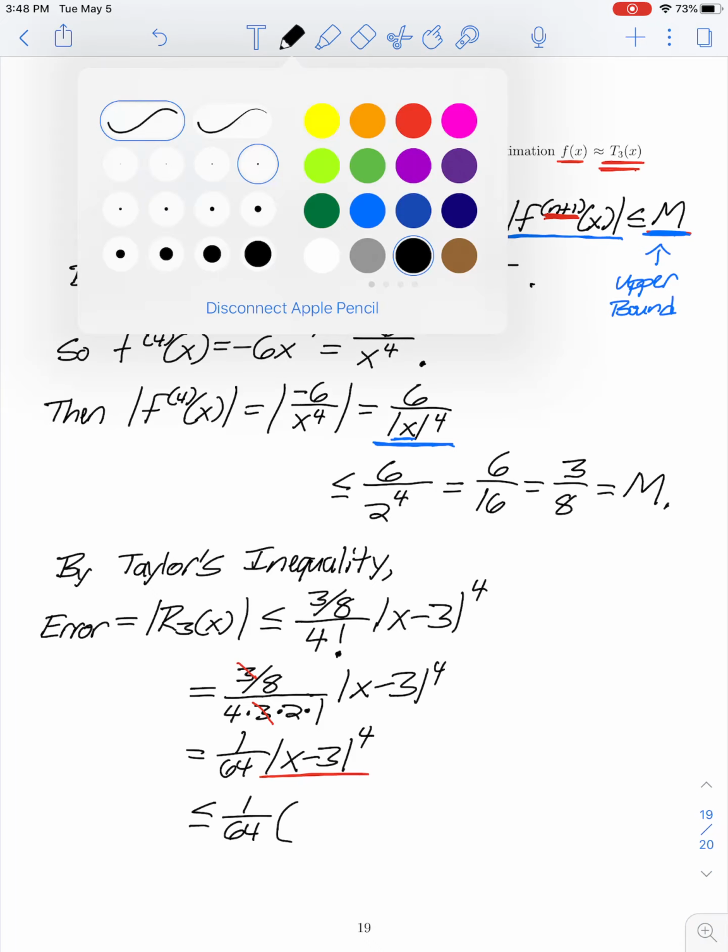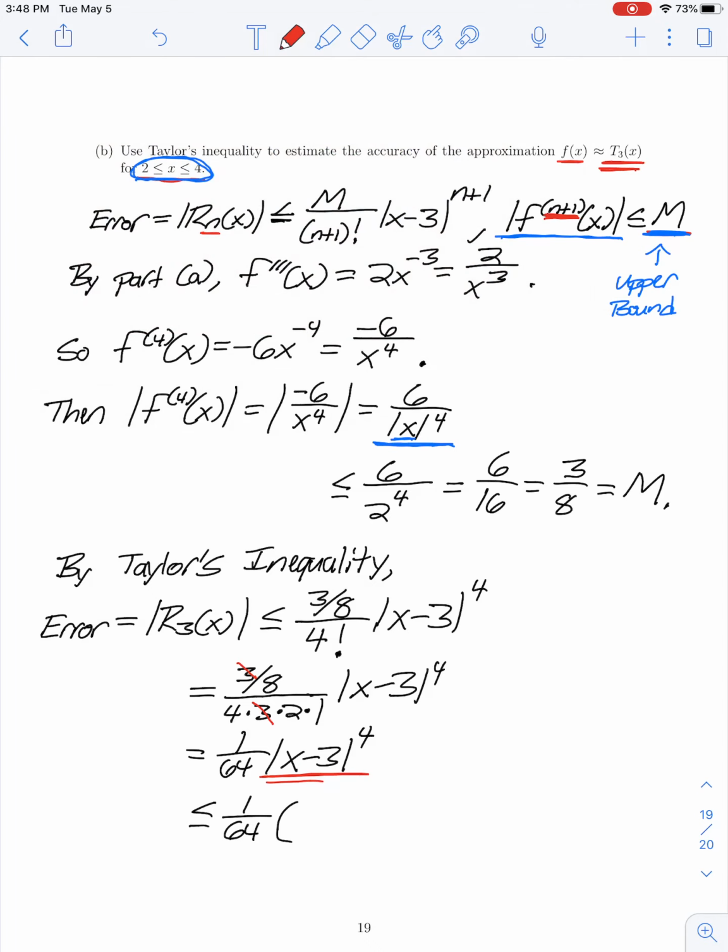This quantity, absolute value of x minus 3, denotes the distance that I've moved from 3. So on the interval from 2 to 4, we can move at most 1 unit away from 3. 3 is right in the middle of that interval, so I could move 1 unit to the left or 1 unit to the right.